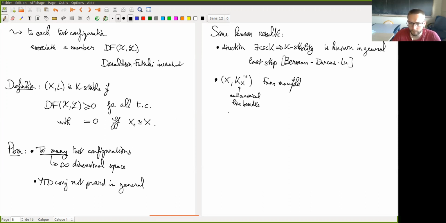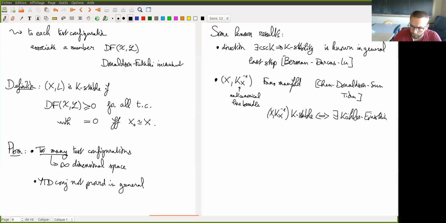Then it was one of the major results in recent years in Kähler geometry, by Chen-Donaldson-Sun and Tian, that this is K-stable if and only if there exists a Kähler-Einstein metric on X, but this is quite easily seen to be equivalent to the existence of a CSCK metric in the Chern class of this line bundle. So in that situation, the full correspondence is known, and it was one of the big results almost 10 years ago.